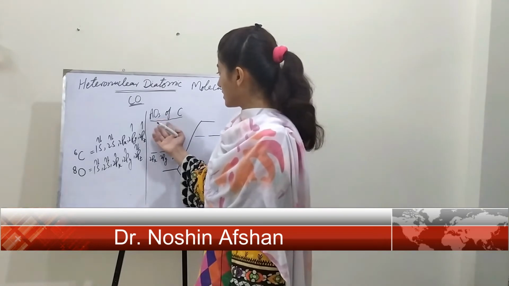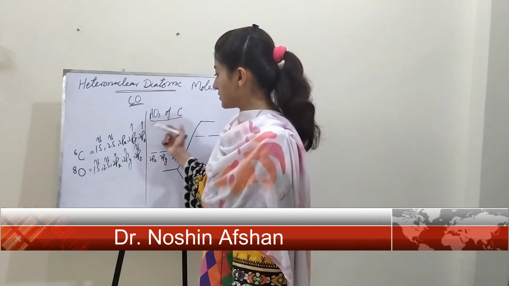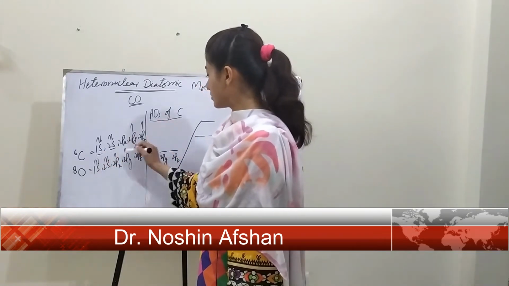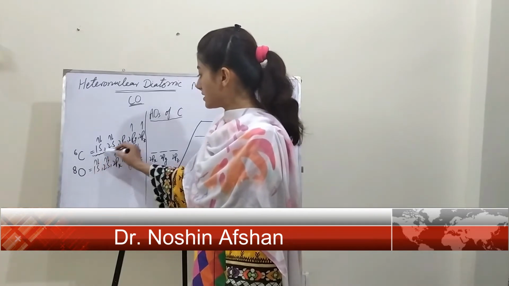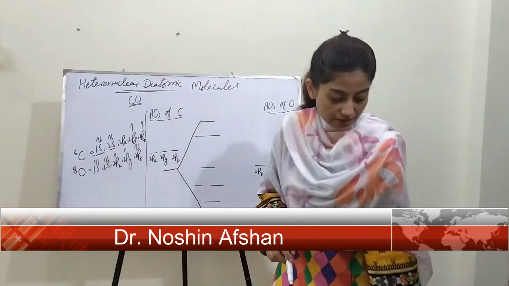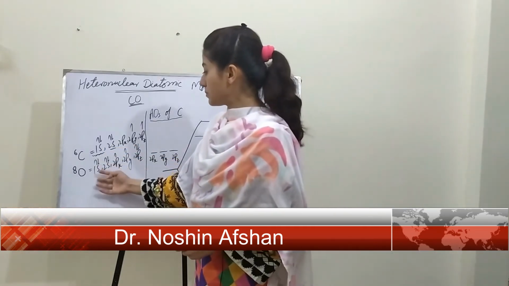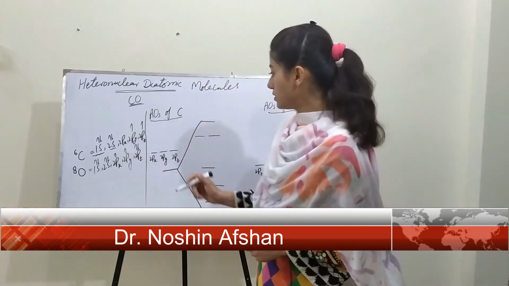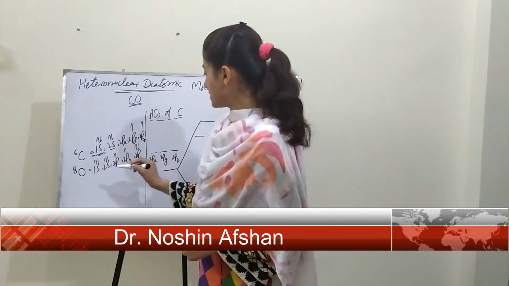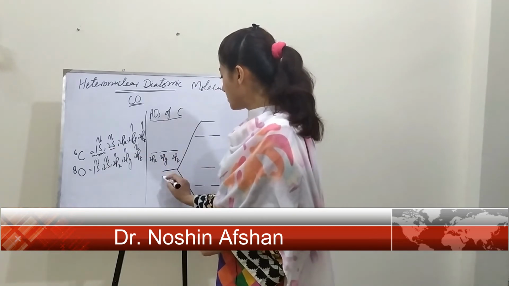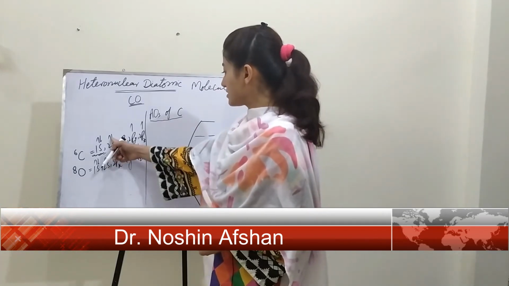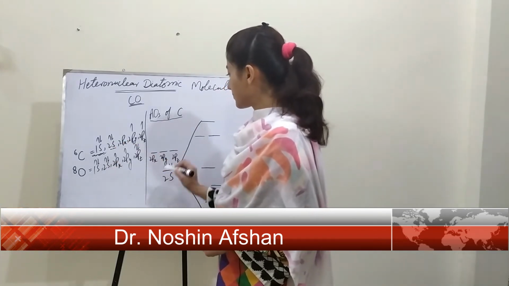So the atomic orbitals of carbon are 1s, 2s and 2p. We will not consider this 1s because it is at the lowest energy level, which is not comparable with that of the oxygen atom. So we will ignore this 1s orbital and start from this 2s orbital. Here it is 2s and it is filled with 2 electrons.